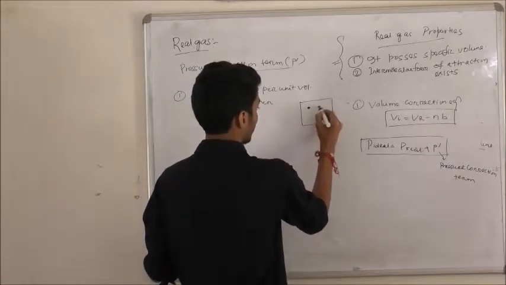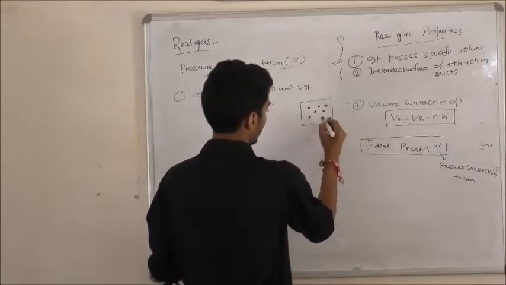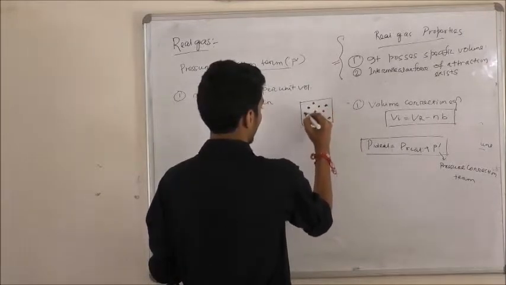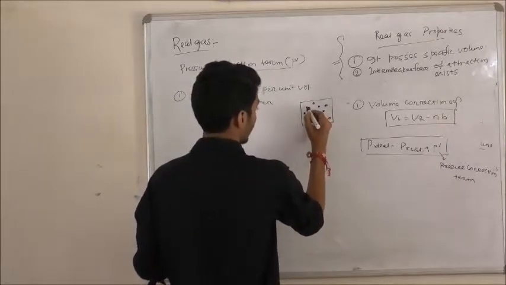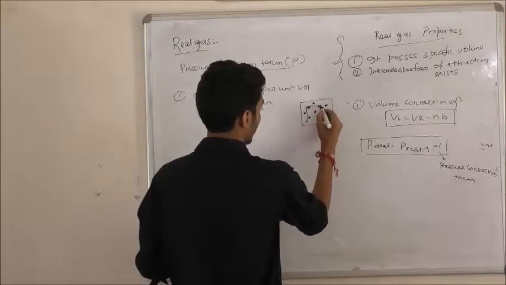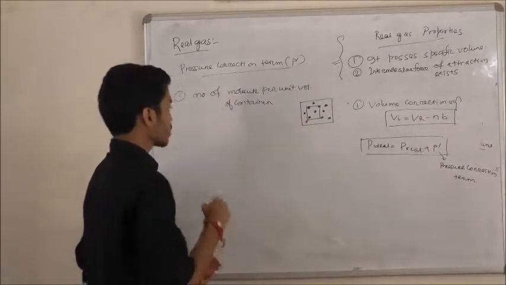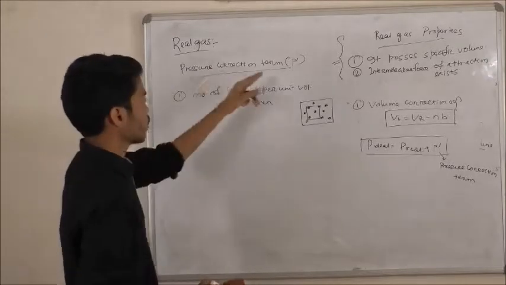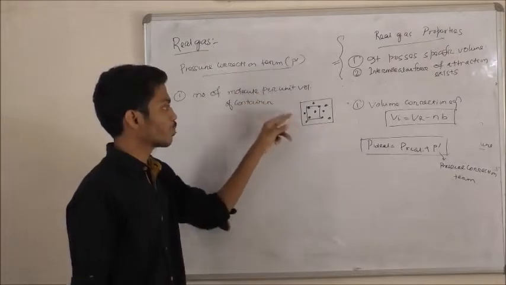Here real gases are present. So if we take a small cube, suppose this is the unit volume, and we said that the pressure correction term, or P dash, depends upon the number of molecules per unit volume.